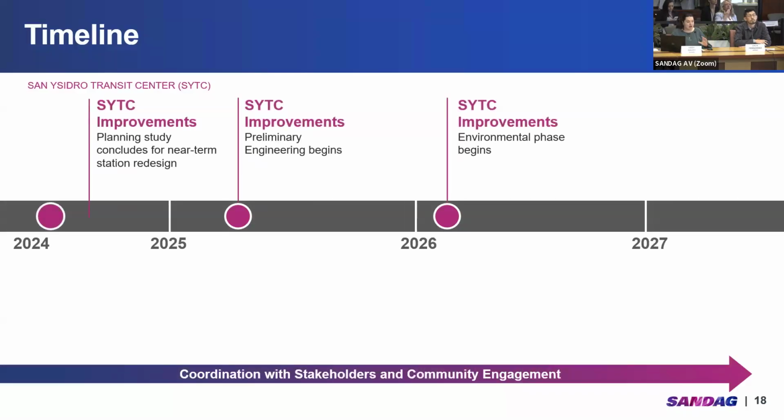Zooming out a bit to talk about the whole picture of the different projects Zach and I just talked about, starting with the near-term improvements, the San Ysidro Transit Center improvements. That planning study concluded in 2024, and then we'll be moving into preliminary engineering in 2025, with the environmental phase hoping to begin in 2026.